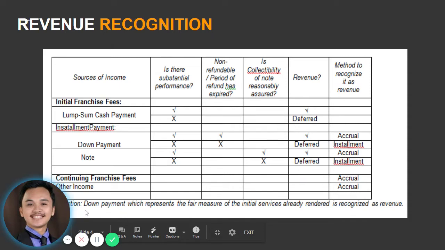We only have a note here: when the down payment represents the fair measure of the initial services already rendered, that down payment will be considered as revenue.